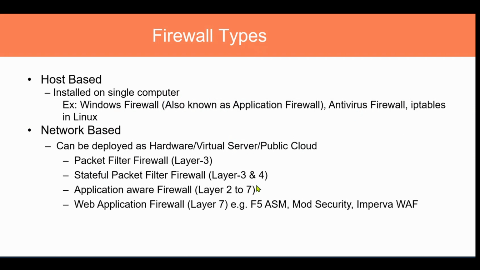Application aware firewall is basically going to work from layer 2 to 7. That means it would be able to identify the application signature, and based on the application signature, it is going to allow or deny the traffic. So Palo Alto firewall can perform all these tasks.